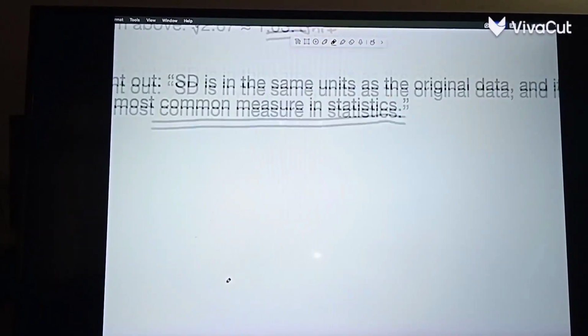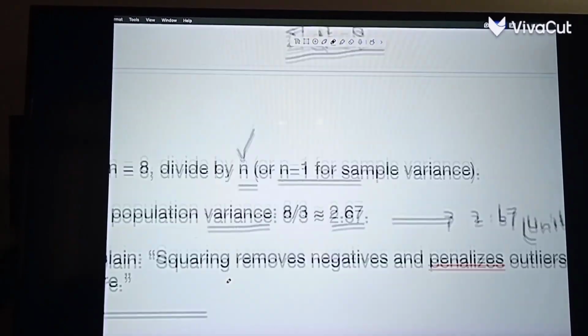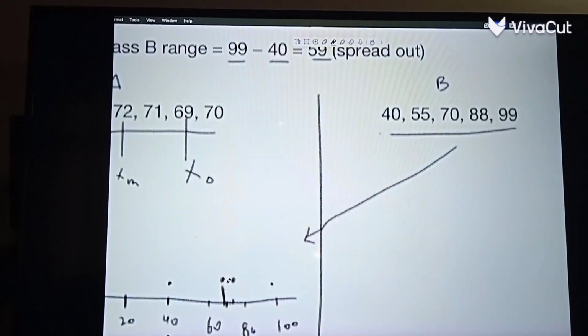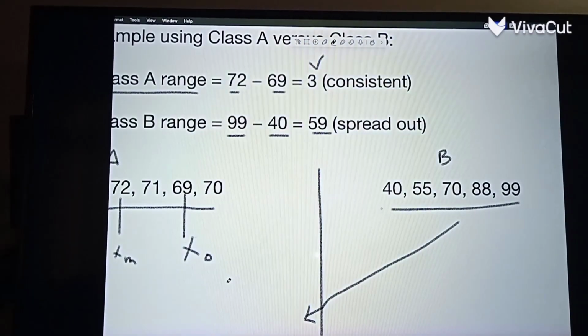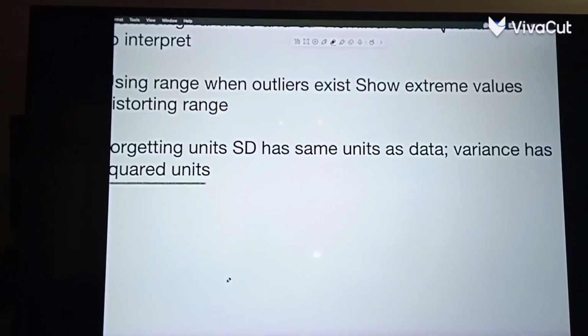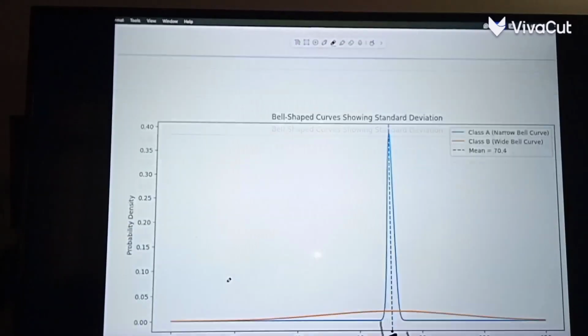The minimum value for the second data set was 40 and the maximum 99.